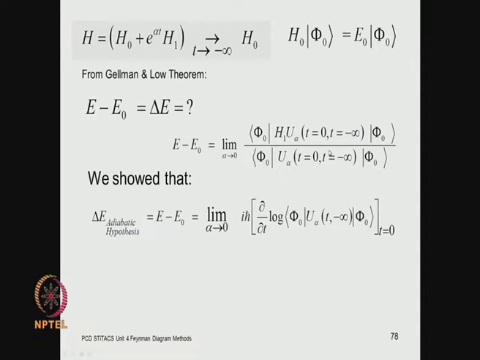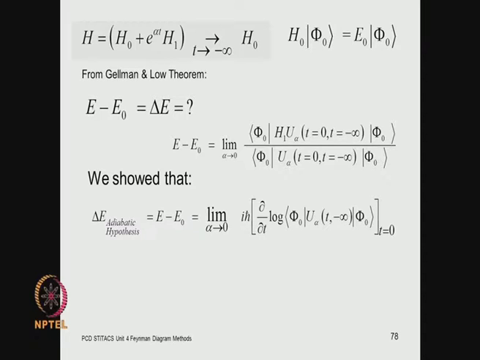And we also showed using algebraic methods that this particular ratio in the limit alpha going to 0 turns out to be equal to the limit alpha tending to 0 of the time derivative of the logarithm of this matrix element, the time derivative taken at t equal to 0. Then of course, there is this i h cross scaling which we have already discussed.